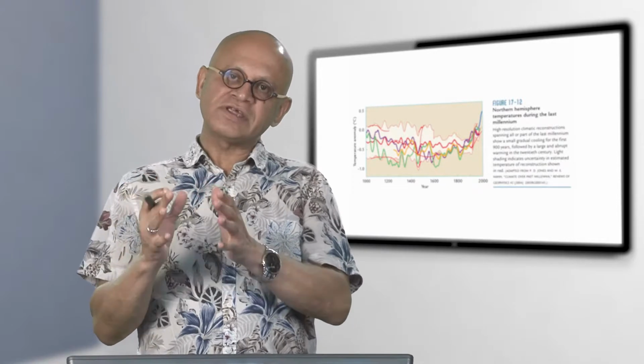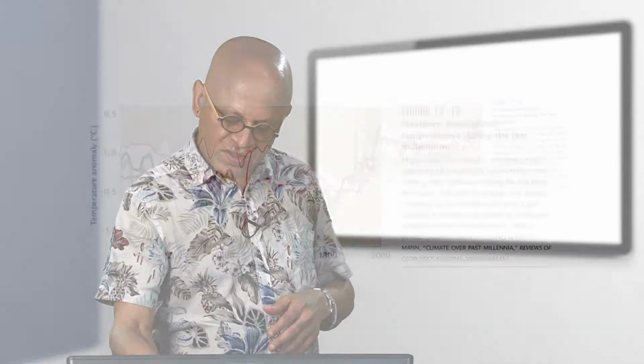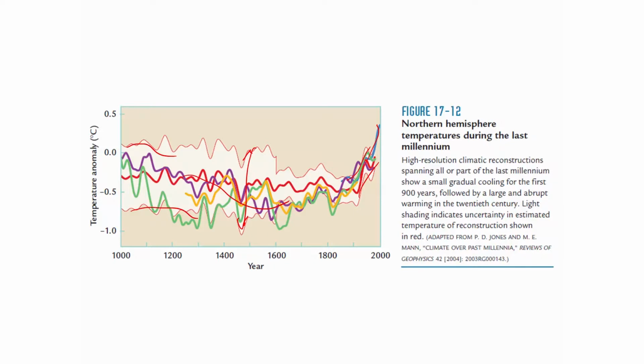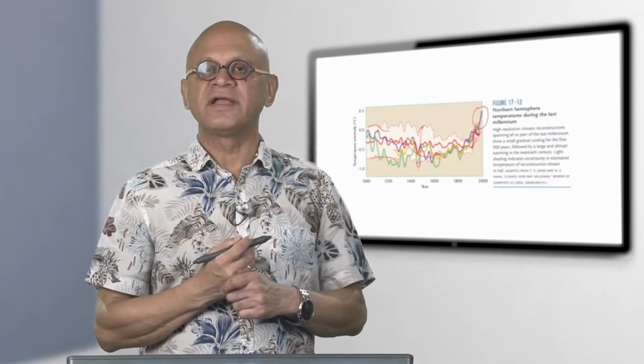So, within this context you have to figure out if the global warming is beginning to emerge out of the uncertainty and the variability in the past, and how much beyond the past it is going and how long back we have to go to find similar rates of warming and similar temperatures.